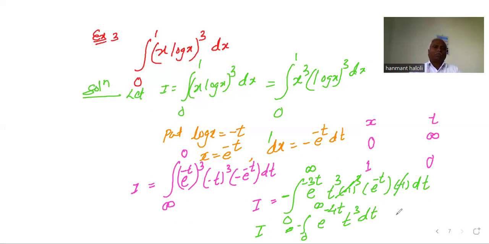Now again here we have 4t. I'll go to the next slide and show you how to convert this 4t.